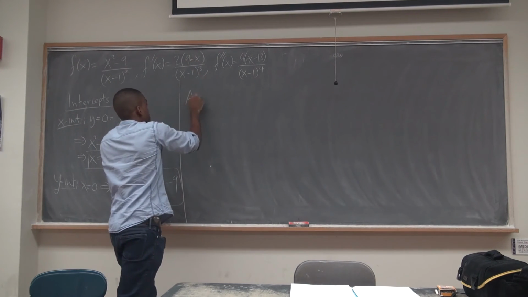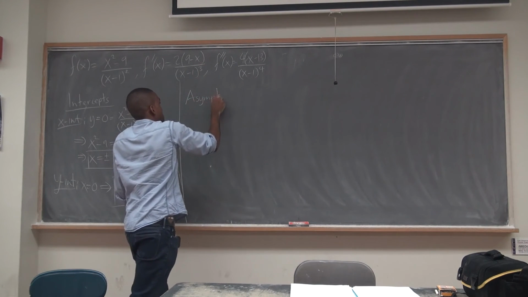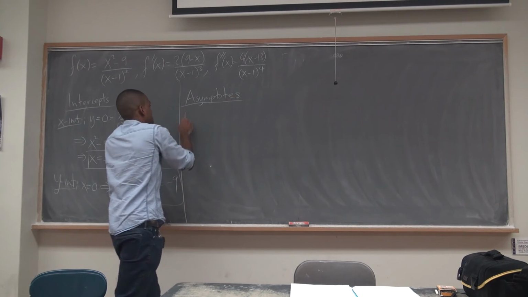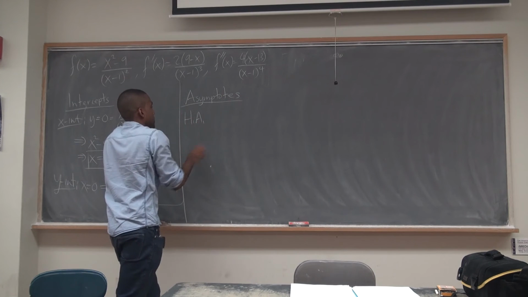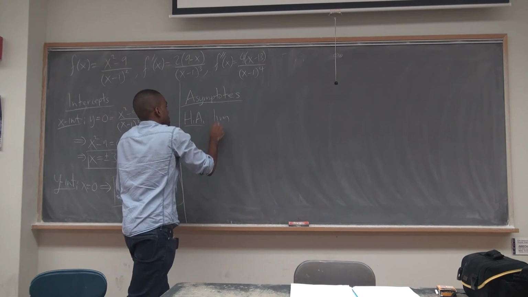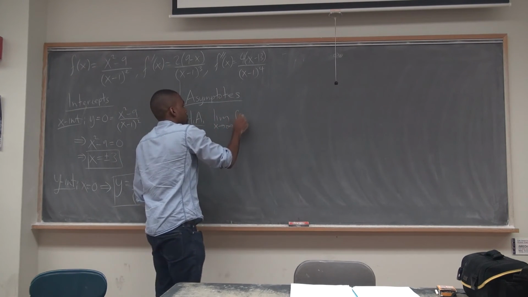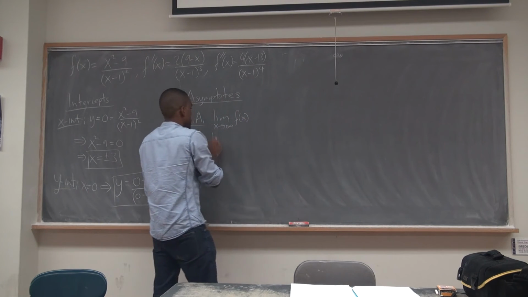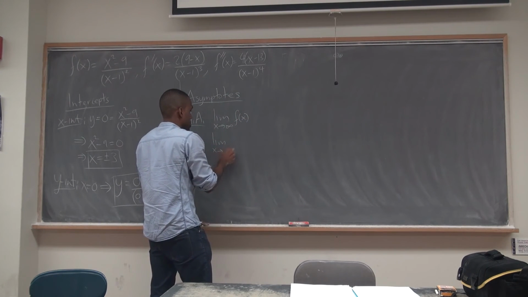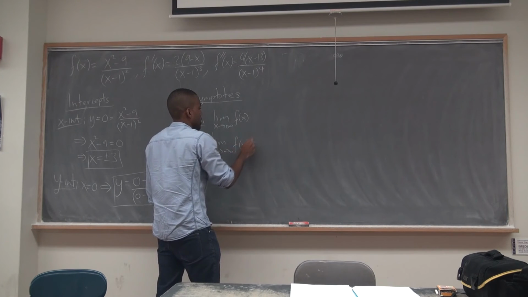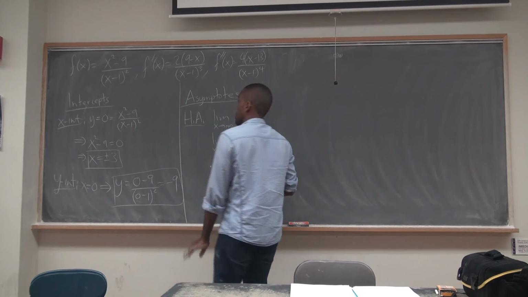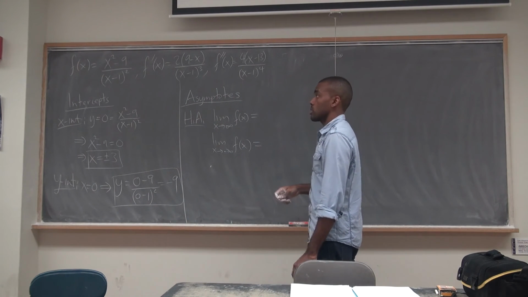Then I'm going to talk about asymptotes. What about the horizontal? I'm going to take the limit as x approaches infinity of the function, and the limit as x approaches minus infinity of the function. What's the answer in the first case? You forgot about the denominator, right?